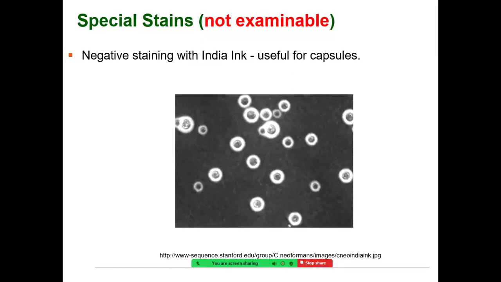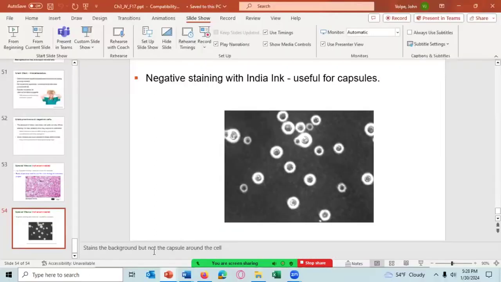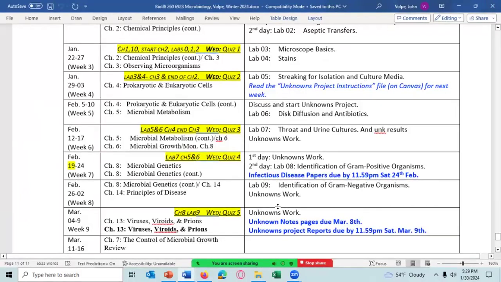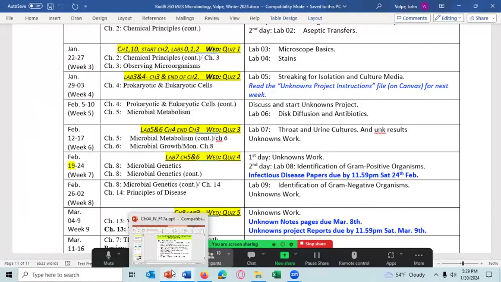Anyway, special stains can be useful for identifying capsules. Any question about any of that? All right, if not, that's it for chapter 3. Any question about chapter 3? If not, let's move on to chapter 4.